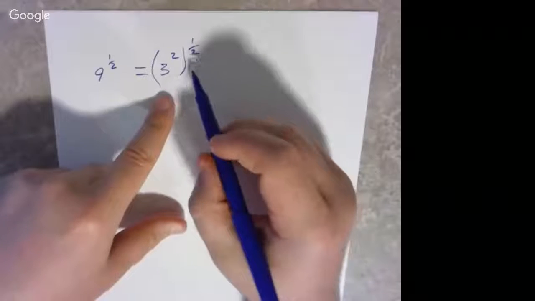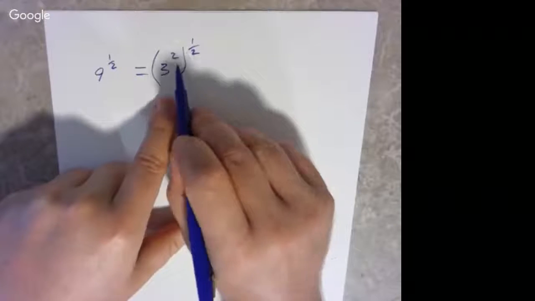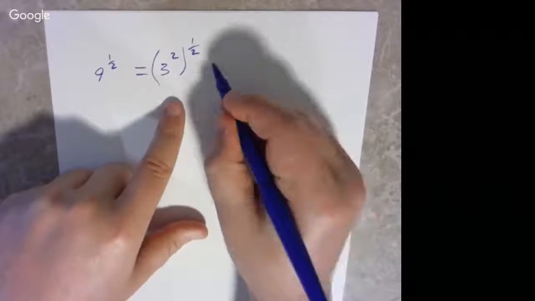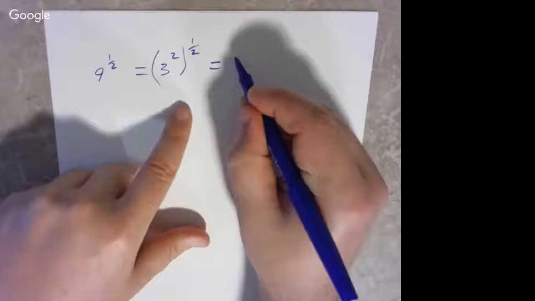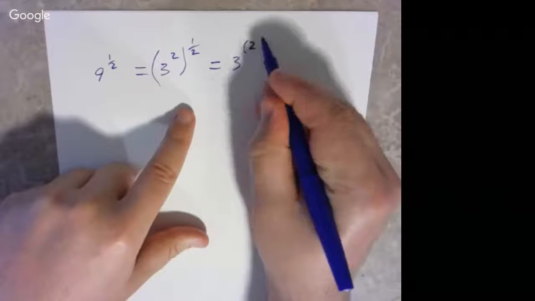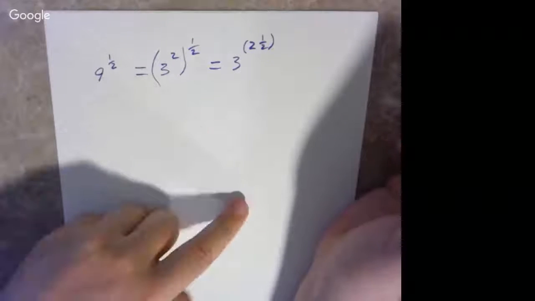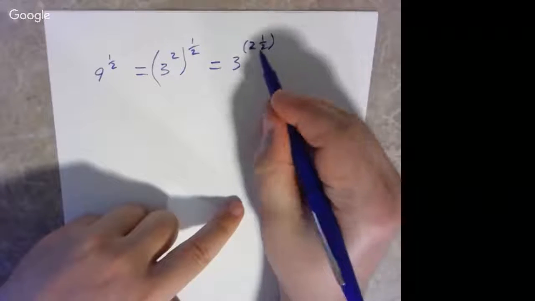And we're going to learn in a minute that we can put these together in such a way as this. What about 3 to the 2 times 1/2? What is 2 times 1/2? That would be 1.